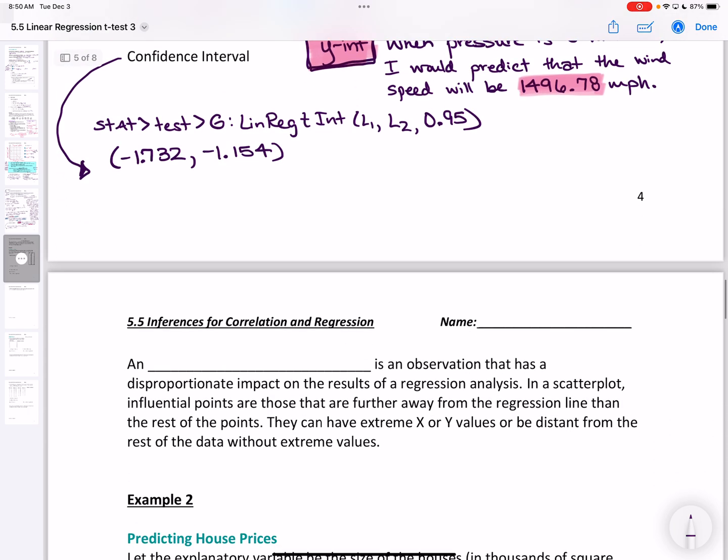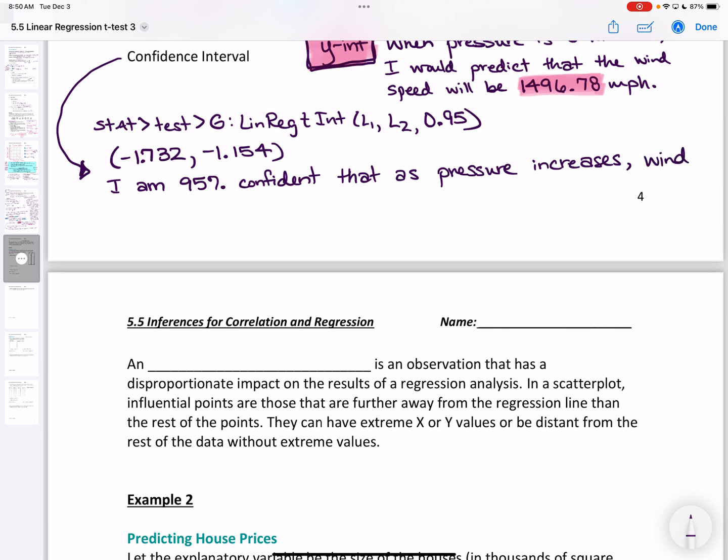So I am 95% confident that as pressure increases, wind speed does what? Decreases. Good.